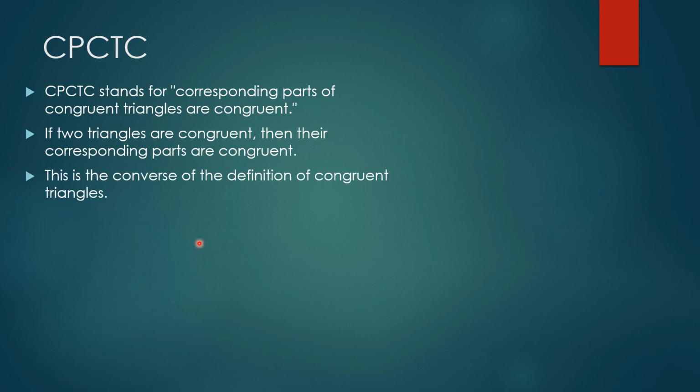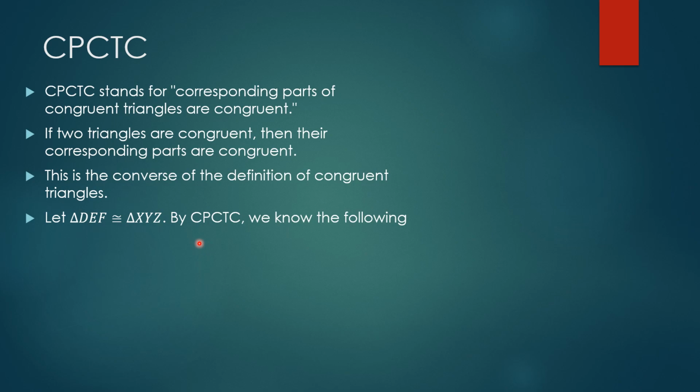Essentially, this is the converse of what we've been using as a definition of congruent triangles. Remember that two triangles are congruent if their corresponding parts are equal to each other or congruent to each other. Here it's just the converse. We flip it around. So if we have congruent triangles, then that says we have corresponding parts are equivalent.